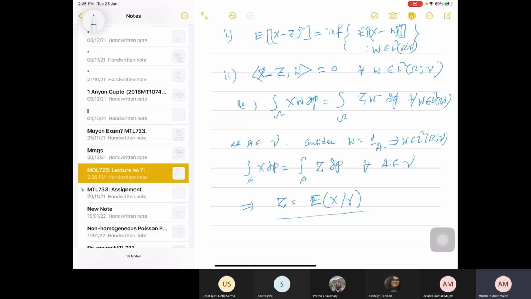This is the projection, the minimum distance, where the condition is that my random variable x is in L2. But in my theorem, what I am saying is that if x is integrable, then I can do these things, is it not? So I want to show what happens if x is in L1.